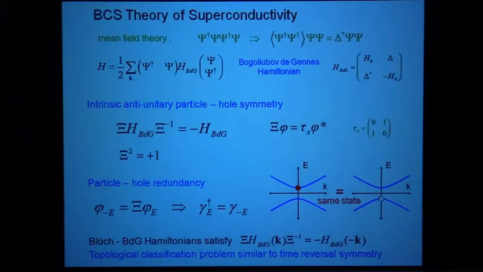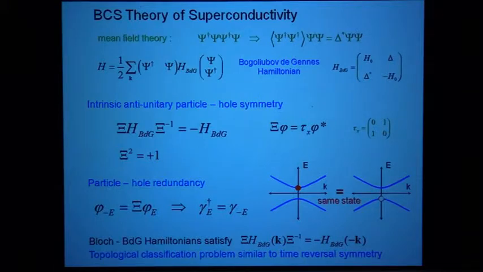In order to describe this, what one usually does is write the many-body Hamiltonian as a matrix like this, where both on the left and on the right I have both psi and psi dagger.